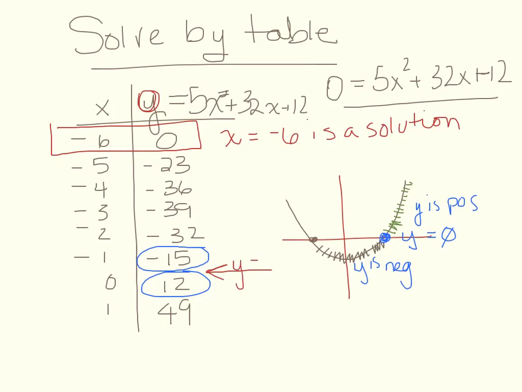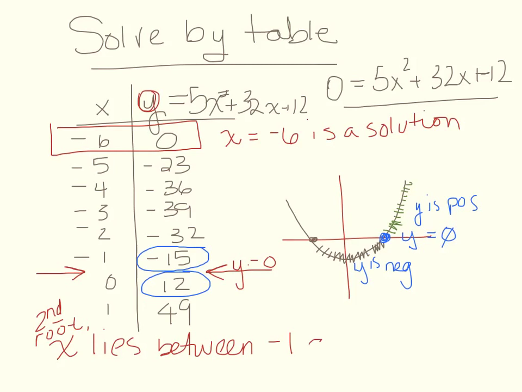So y equals 0 is somewhere between those two places. So somewhere between these two places, same place on your chart, is your value of x. So we know x, the second root, lies between negative 1 and 0.